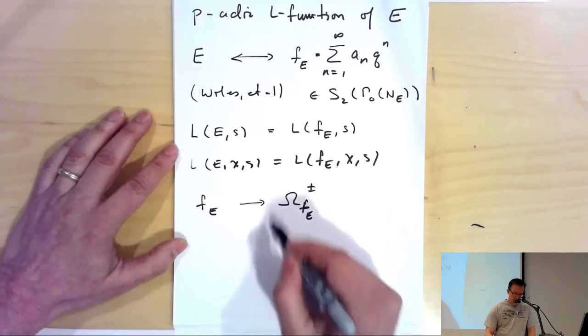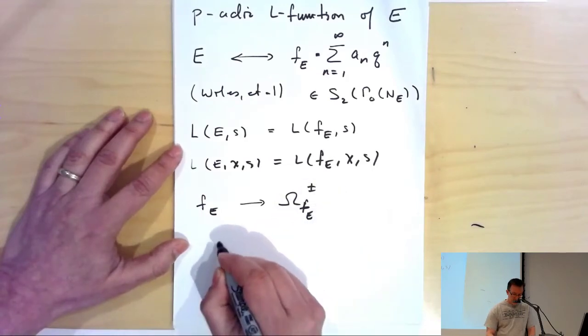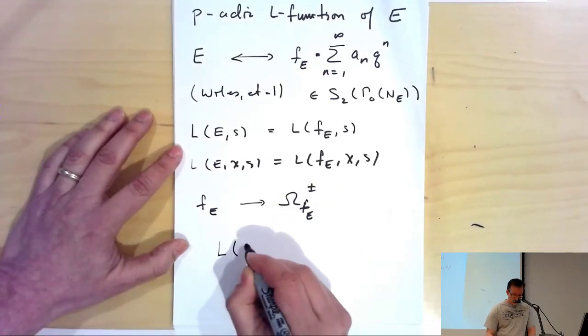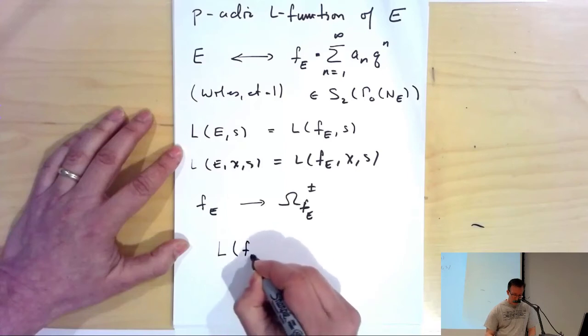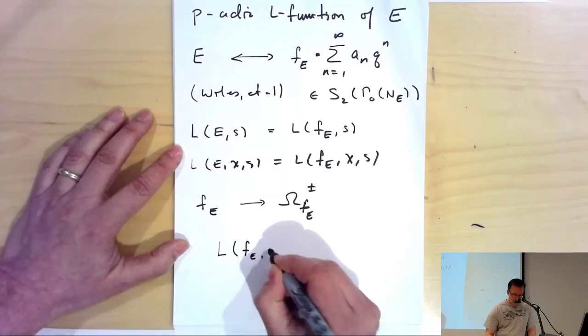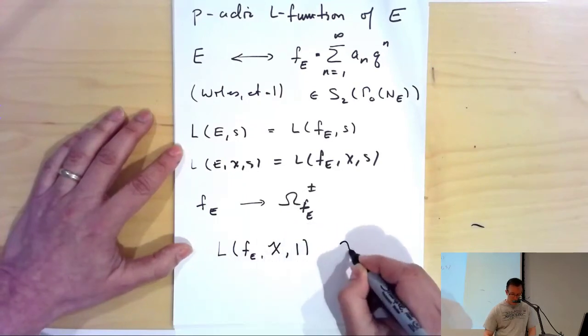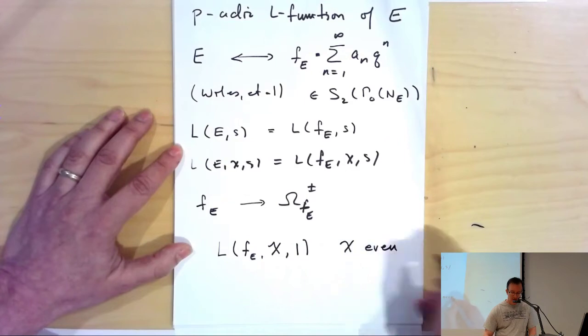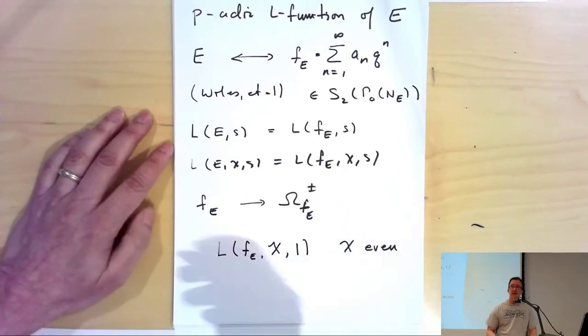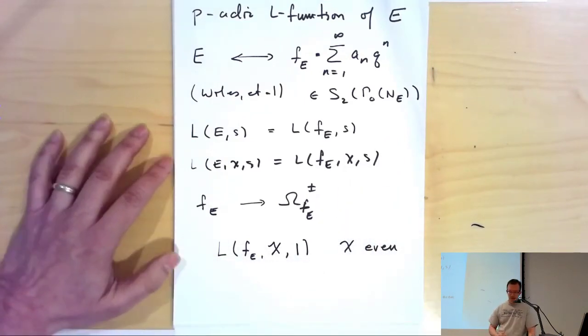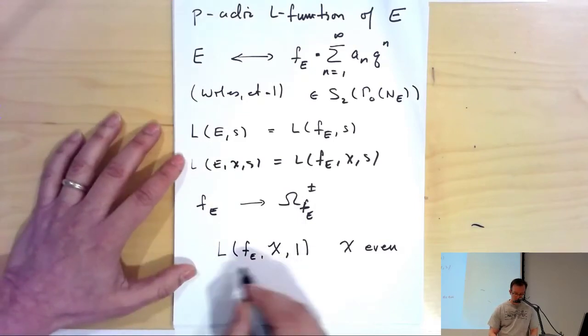Well, one of the properties of these periods is that, in fact, if I take L of f_E and I take chi, and I look at L of chi, 1, and I'm going to take chi to be an even Dirichlet character, so chi of minus 1 is plus 1, this in general will be a transcendental number.